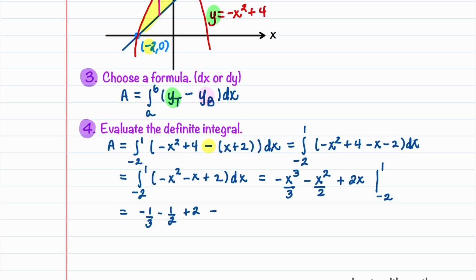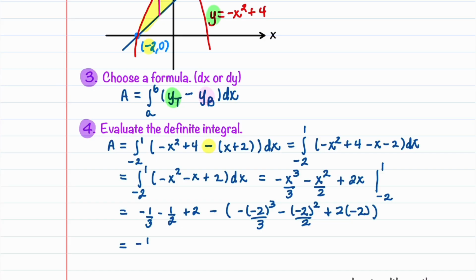And then we're going to subtract off minus a minus 2 cubed over 3. We have a lot of negatives there. Minus a minus 2 squared over 2 plus 2 times minus 2. Now let's go ahead and simplify this.